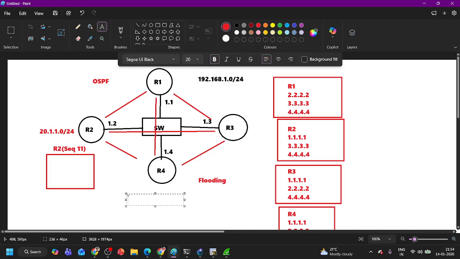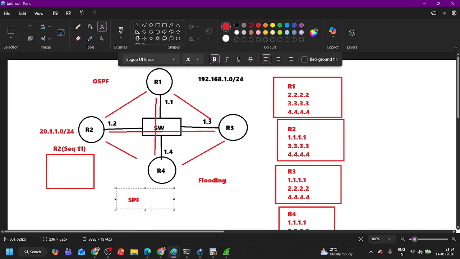Which algorithm? SPF algorithm. So when any prefix comes up or goes down on any router, all the routers are going to execute the SPF algorithm. When a router executes the SPF algorithm, it will recalculate the best path and update its database and routing table.